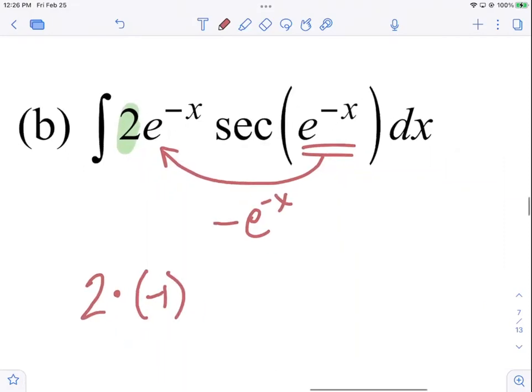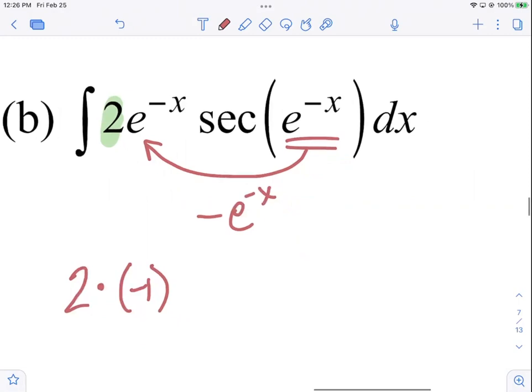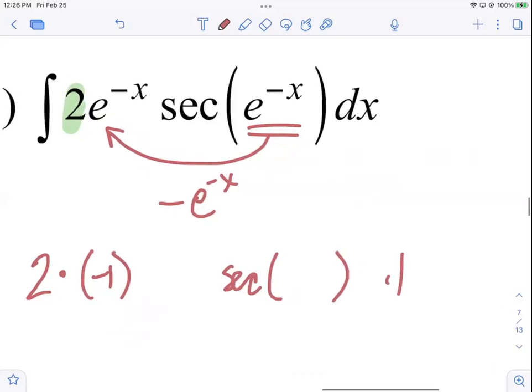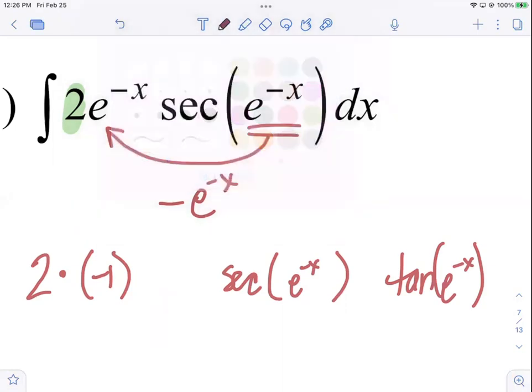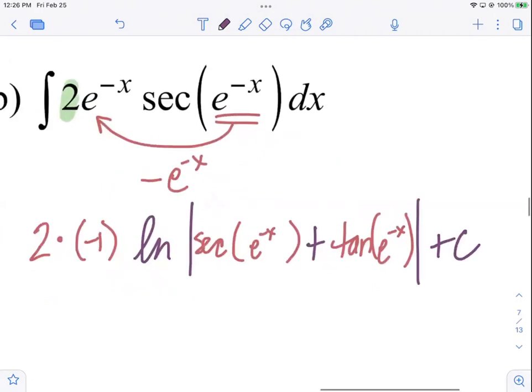And now secant is the rule of integration. It's the outside function. The antiderivative of secant is the exact same as the derivative. It's secant blob, tangent blob. And the blob is e to the negative x. The only difference is, again, they are not multiplied. They are added inside absolute values with a natural log in front and then a plus c.